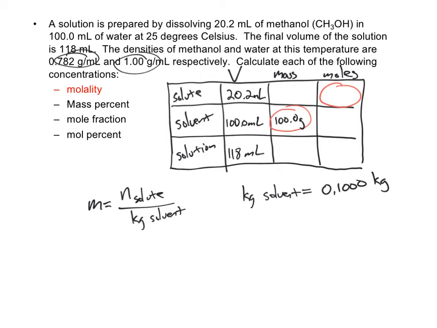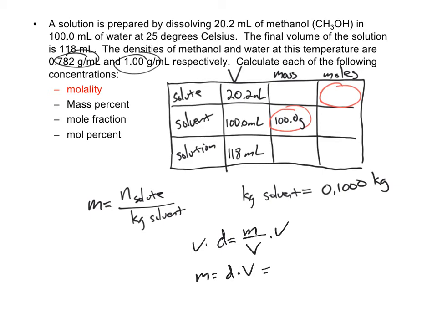To get to the moles of the solute, first I have to use density to get my mass, and then I'll use the molar mass to get my moles. So I know that density is mass over volume. So to solve for mass, multiply both sides by V, and so the mass is the density times the volume.